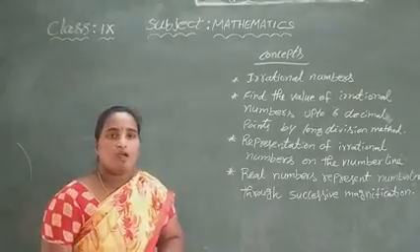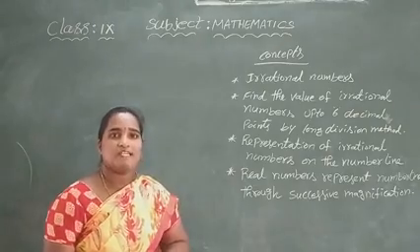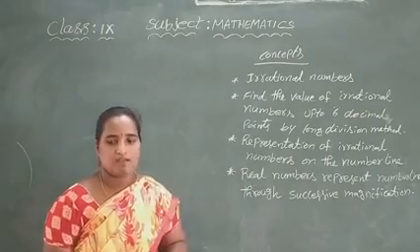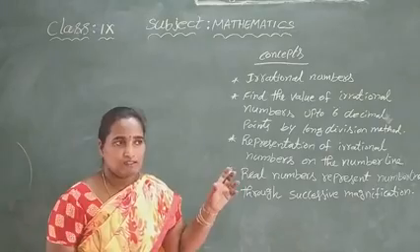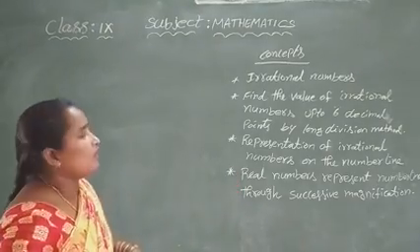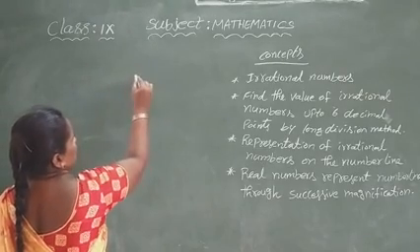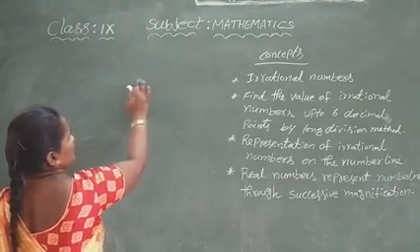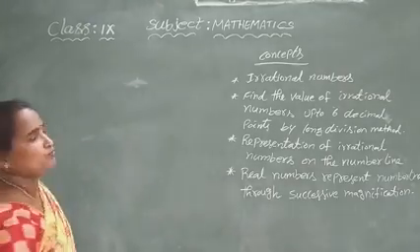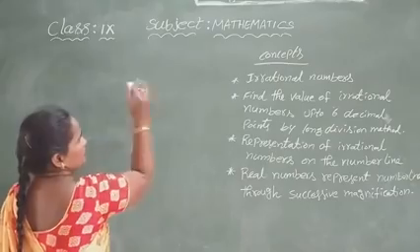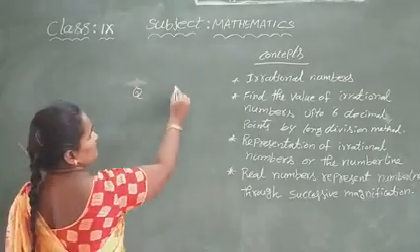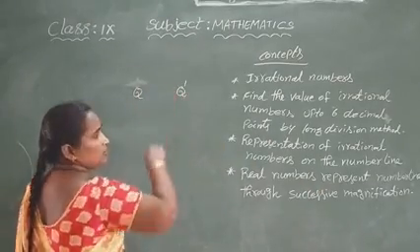Okay, ma? Before this session, we discussed types of numbers. We can recall those concepts once again. That is rational numbers. Rational numbers are denoted by Q, and irrational numbers are denoted by Q dash.